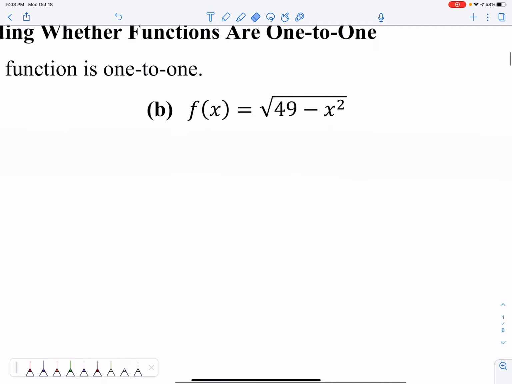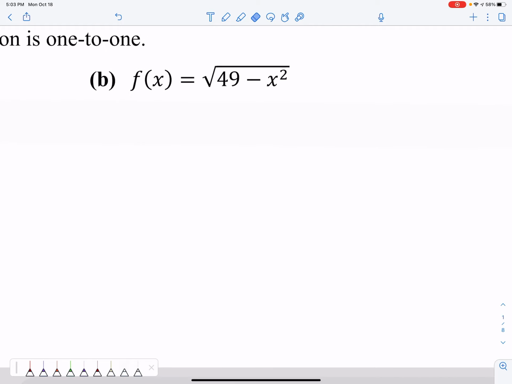Now, for the second example, I don't know what this one looks like. It's not a line. I could graph it in my calculator and find out. But if you think about it, can I come up with two different x values that might give me the same y value? So let's just let x equal 1 and -1.